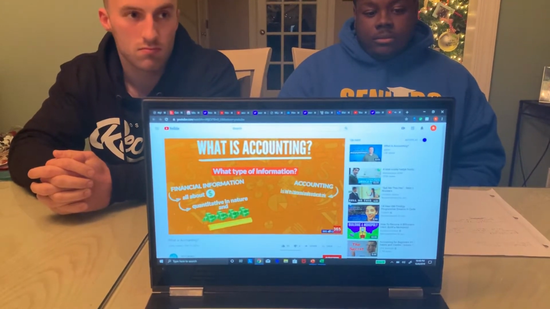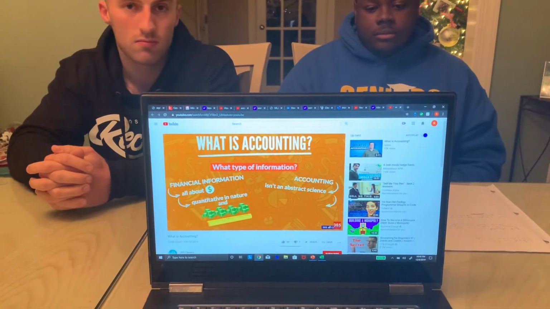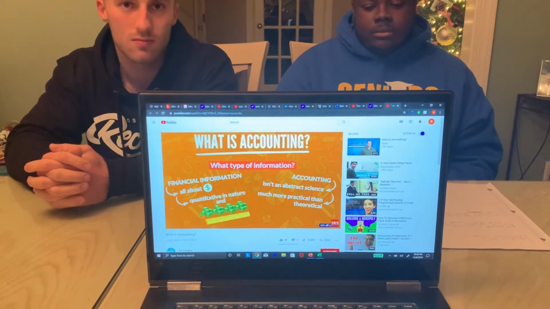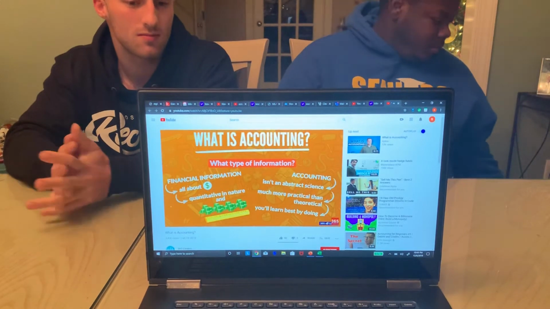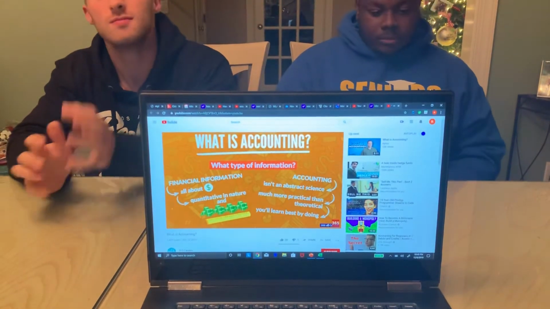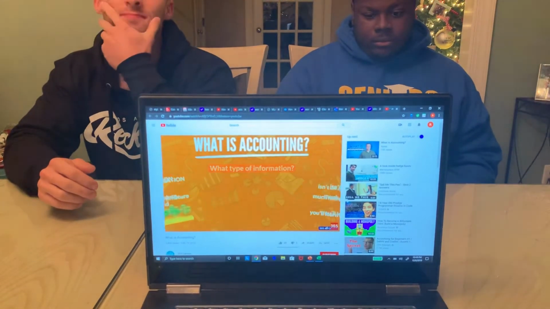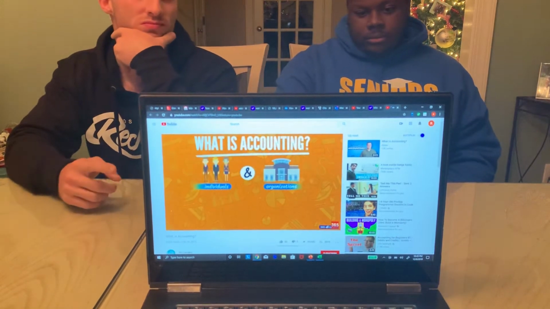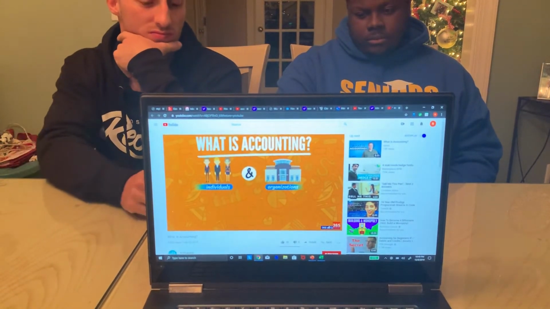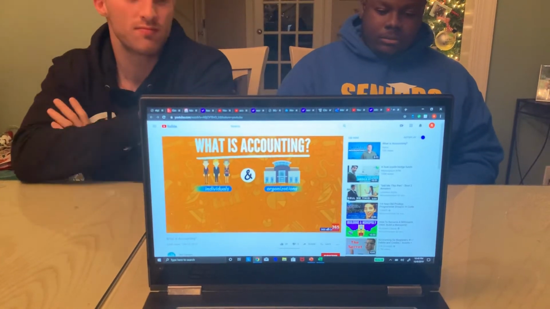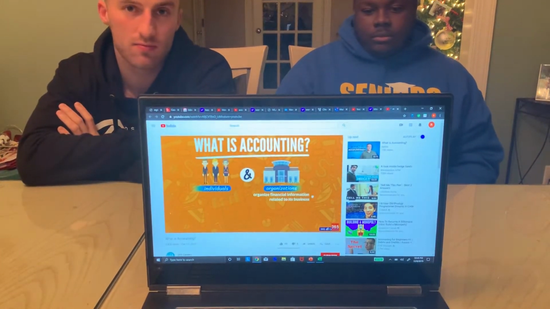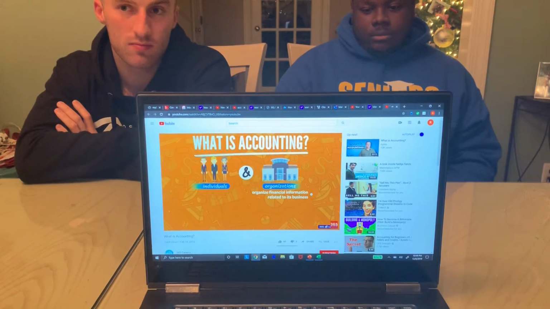Accounting isn't an abstract science. It is much more practical than theoretical. It's one of those things that you'll learn best by doing. The last part of the definition says that accounting serves organizations and individuals. How come? Well, as one can imagine, every firm needs to be able to organize the financial information related to its business.